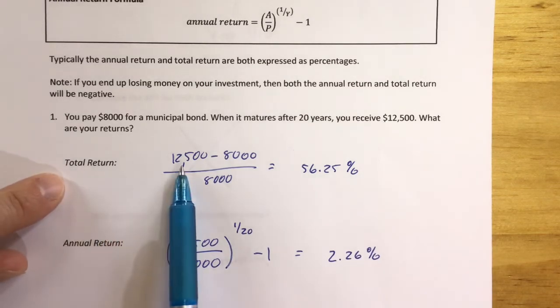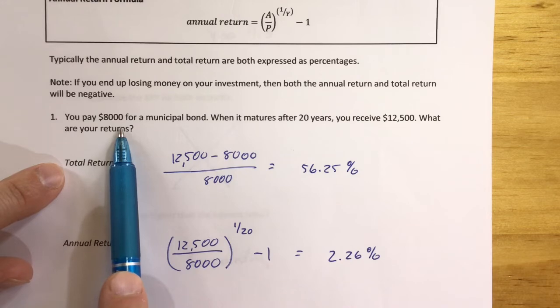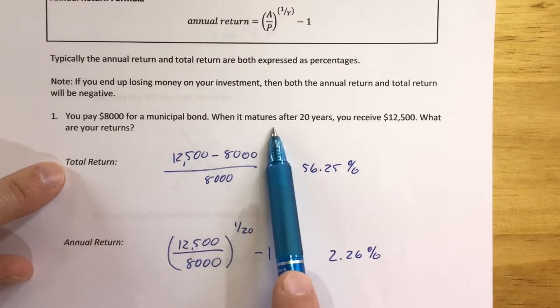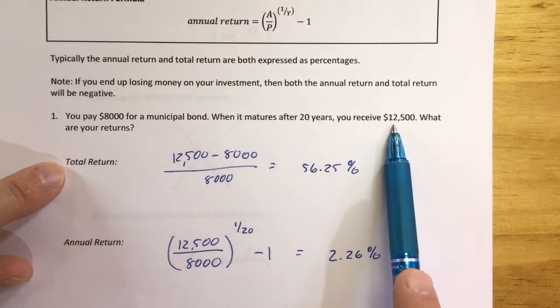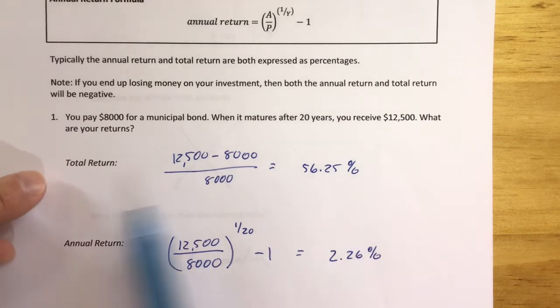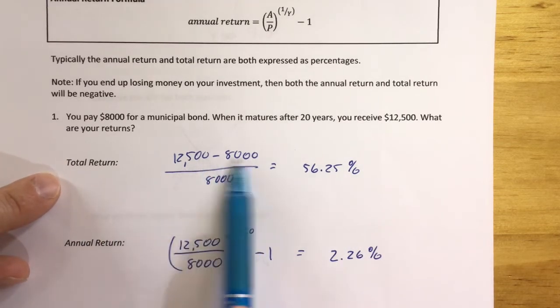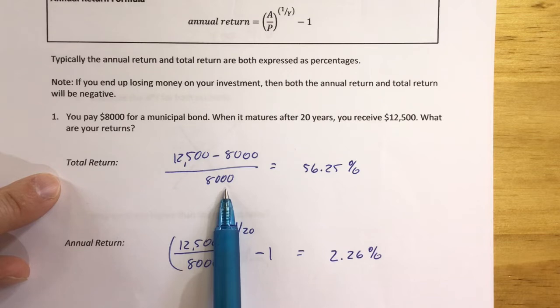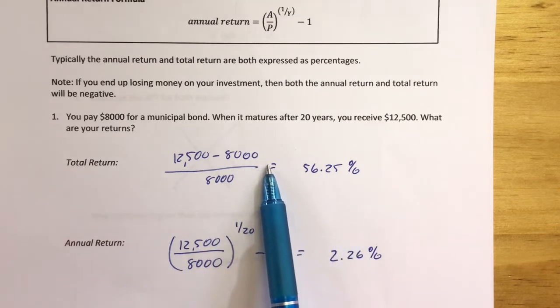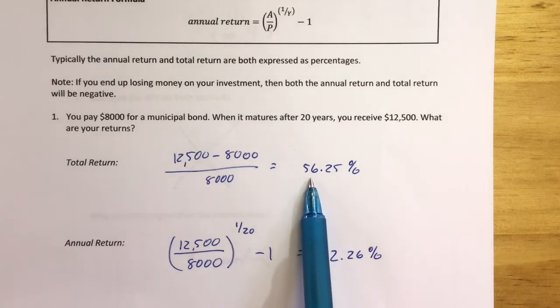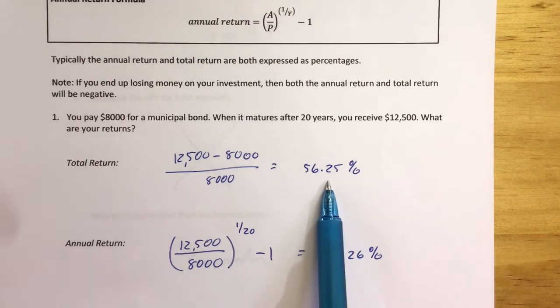All right, so a little bit of practice here. If you have $8,000 that you put into a bond and it matures 20 years later, you get that amount. Let's talk about your returns. Well, if we take the difference divided by the original amount, that's going to give you a decimal number back. Just multiply by 100 or shift the decimal and you get 56.25%. So that's your total return.